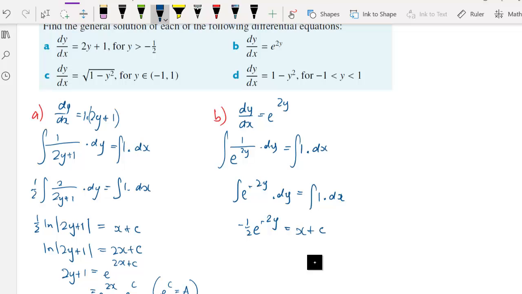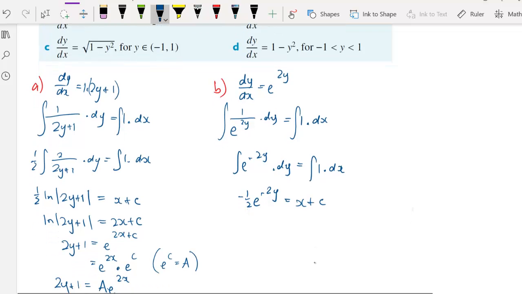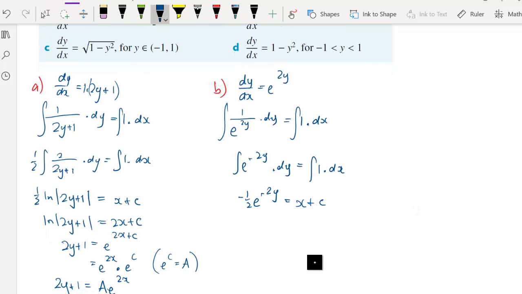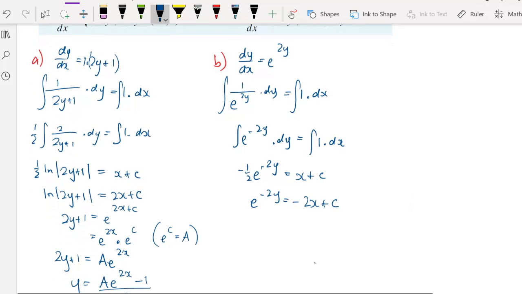Now if we want to go about isolating y, we can multiply by negative 2, so we have e to the negative 2y is equal to negative 2x plus c. Again, c will remain unchanged. We can use our natural logarithm here, so we have negative 2y is equal to ln of negative 2x plus c.